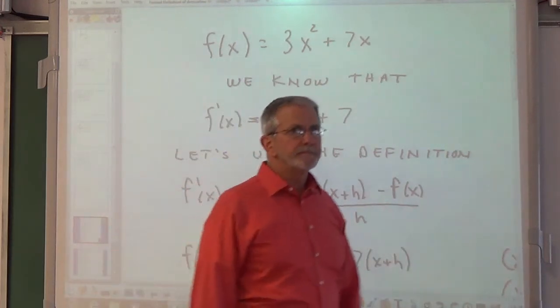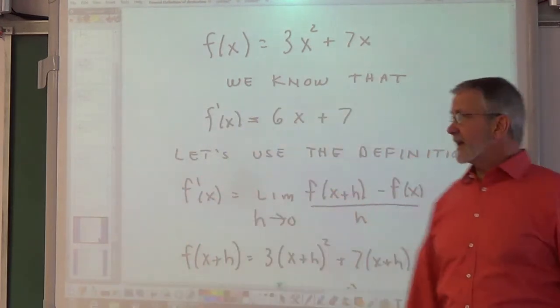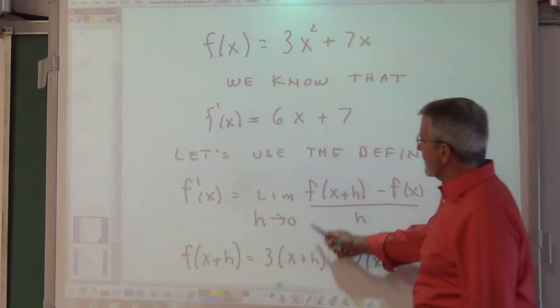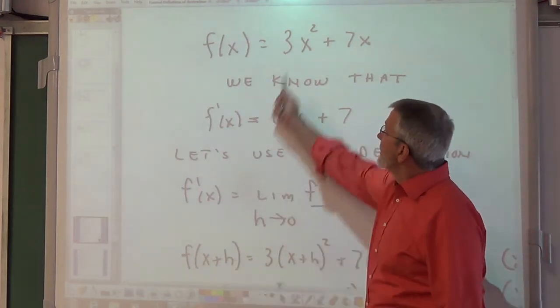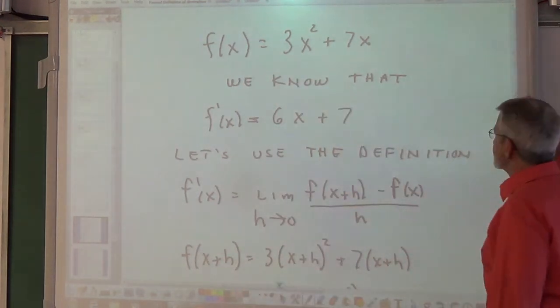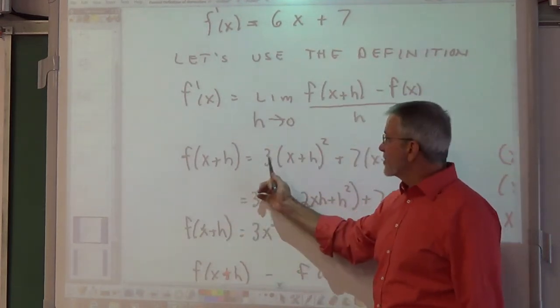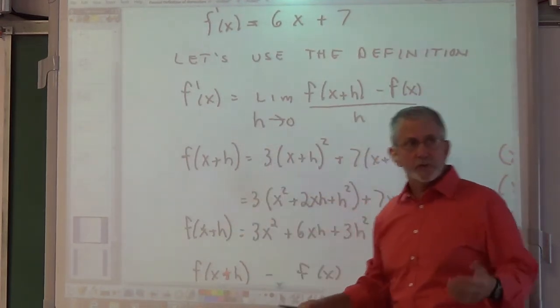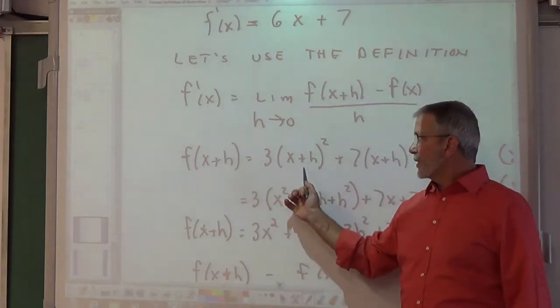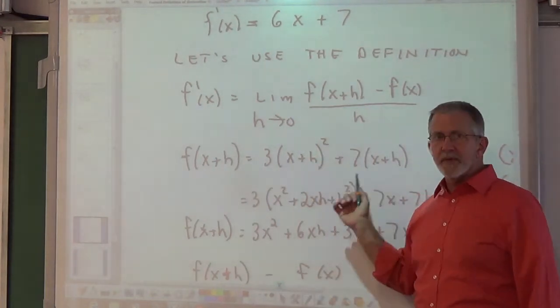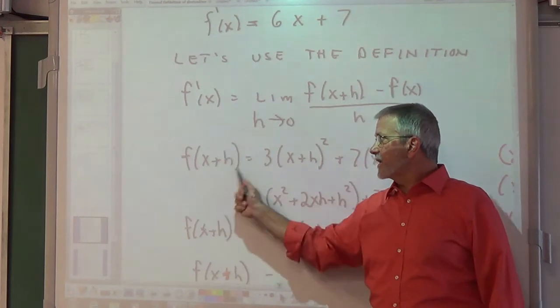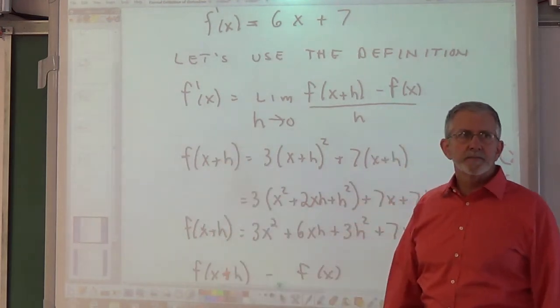So let's do it. The first thing I need to do is calculate f of x plus h given this particular function. So f of x plus h is going to be 3. Keep in mind the function rule. The function rule is 3 something squared plus 7 something. And in this case, the something is going to be x plus h.